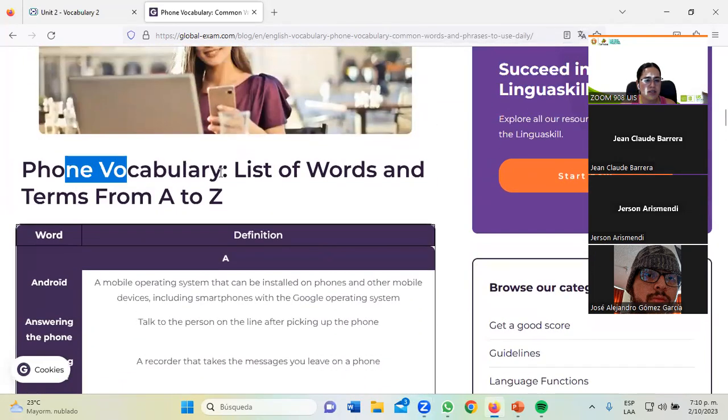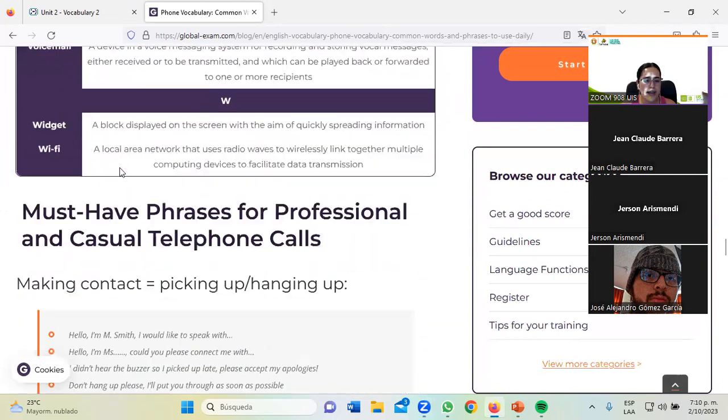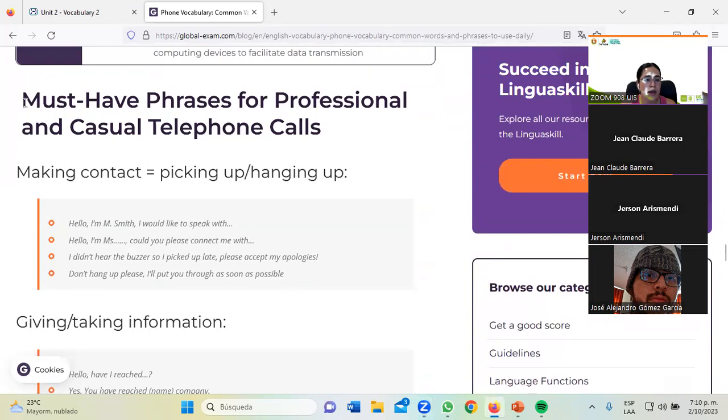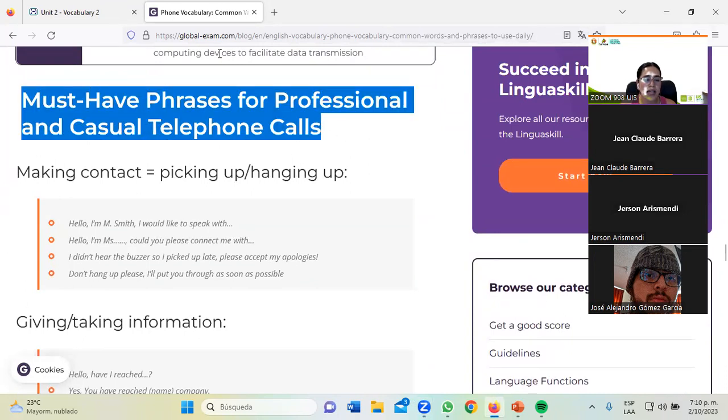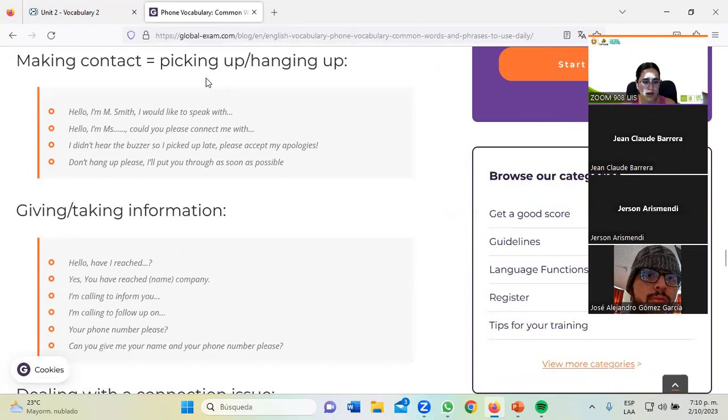Of course, the fun vocabulary is not necessary. You just scroll down and can see here must-have phrases for professional and casual telephone calls. When you first make contact, you can say, hello, I am this, or good morning, you are calling to this, how may I help you? So you can use this vocabulary.